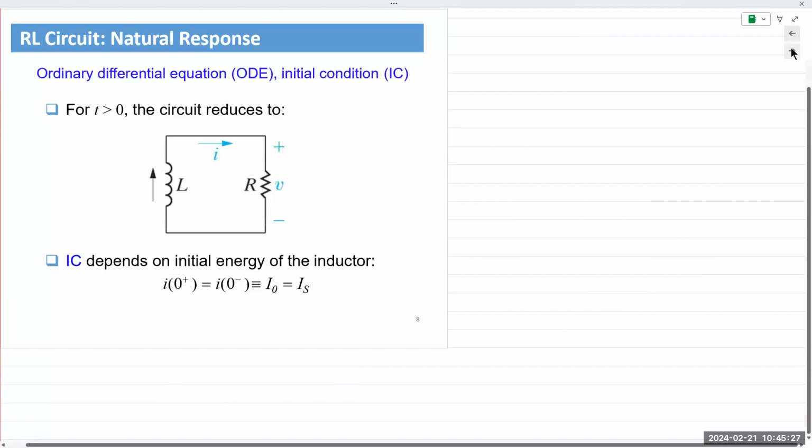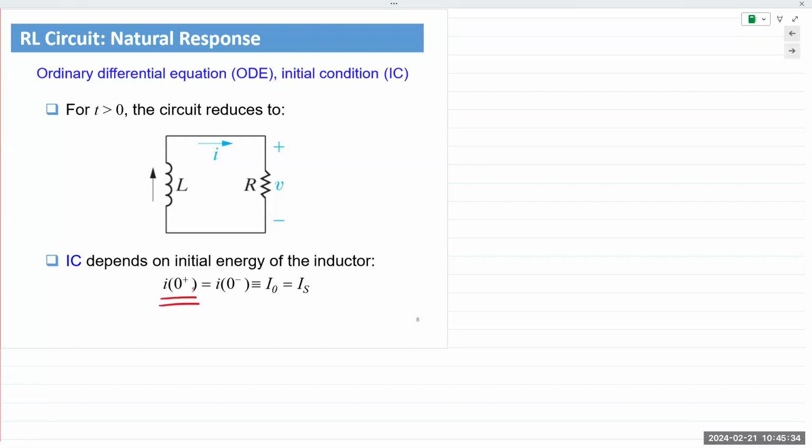The full charge that is stored in the inductor has a value of I0 because the current through an inductor cannot change in an instant. So the current at 0 plus, which is right after the switch is flipped, is exactly the same as the current at 0, which is also exactly the same as at 0 minus. Meaning the current right after the switch is flipped is equal to the current right before the switch is flipped.